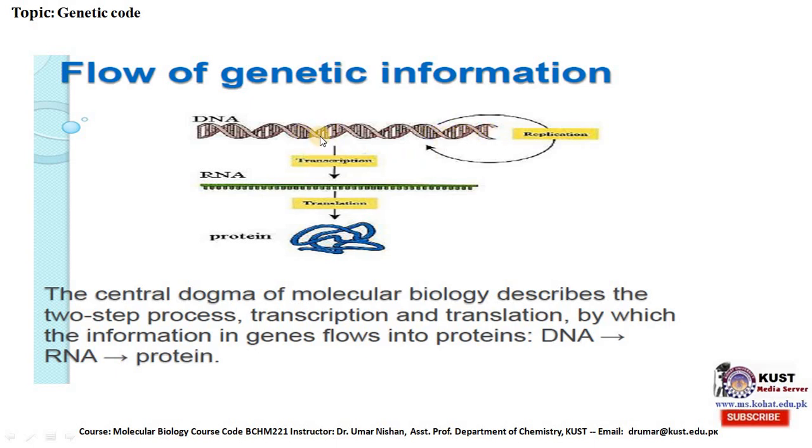In another way, the information in DNA is transcribed to RNA, and then this RNA is translated to proteins. So the central dogma of molecular biology describes the two-step process, transcription and translation, by which the information in genes flows into proteins, that is, from DNA to RNA to protein. So this slide tells us about the central dogma of molecular biology.